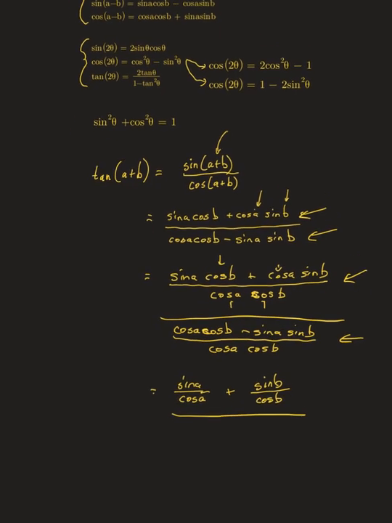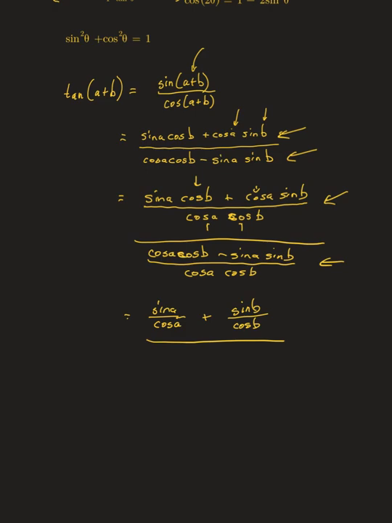Now in the denominator, cos A cos B divided by cos A cos B just equals 1, minus sine A sine B divided by cos A cos B.